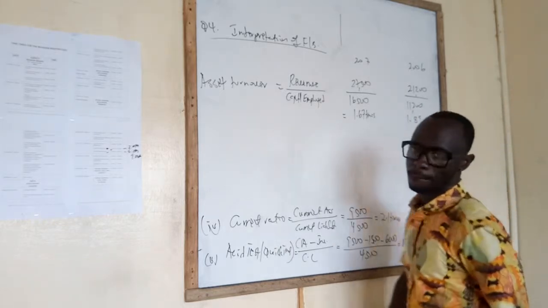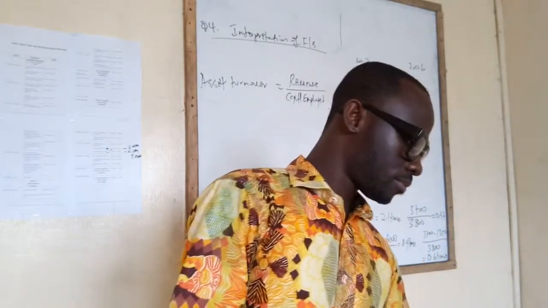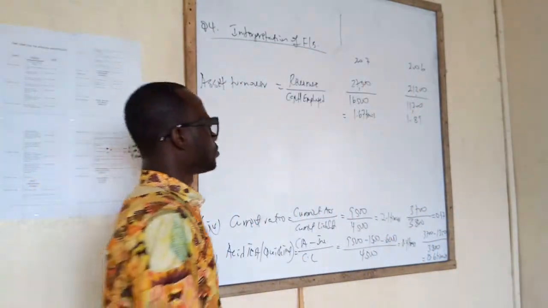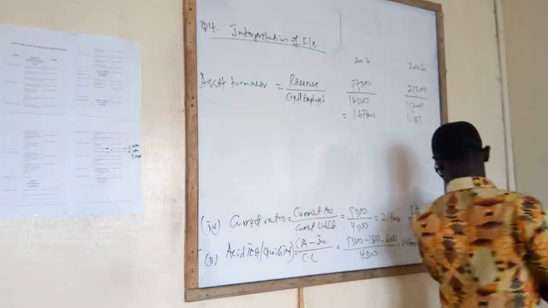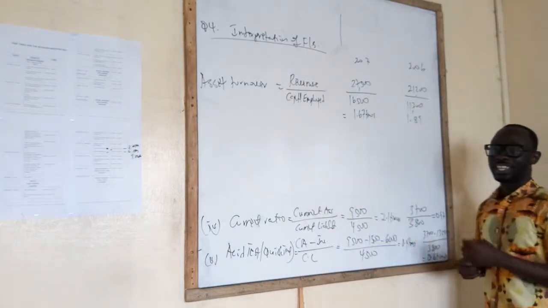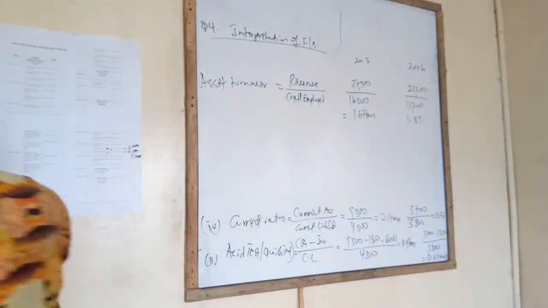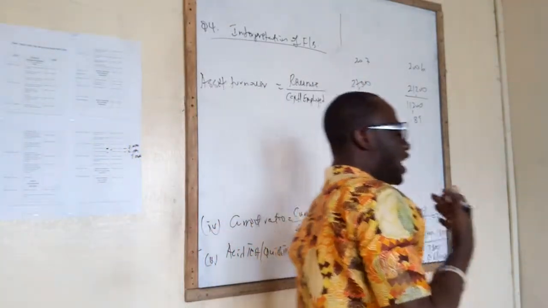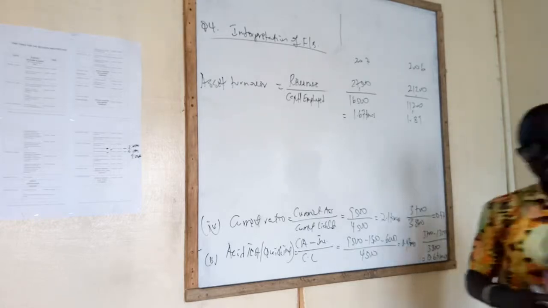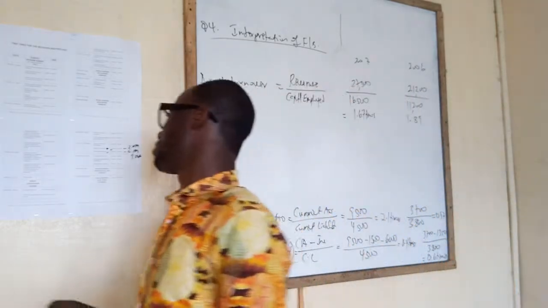You see, in this question, even though the examiner said we should calculate 5 appropriate ratios, to really interpret the thing, you have to calculate more than that.